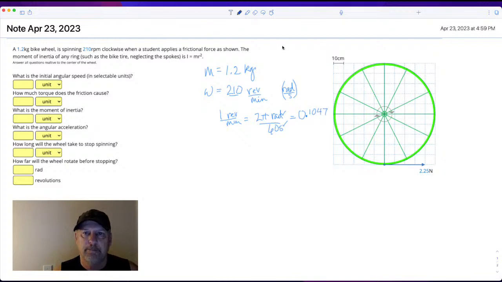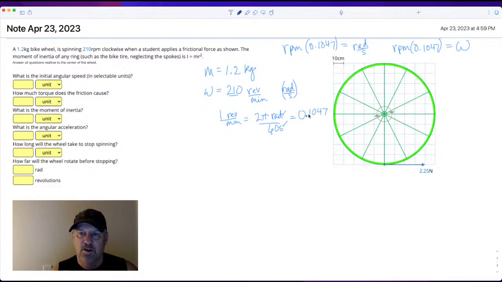So RPM times 0.1047 will equal radians per second. So RPM times 0.1047 equals omega in radians per second.